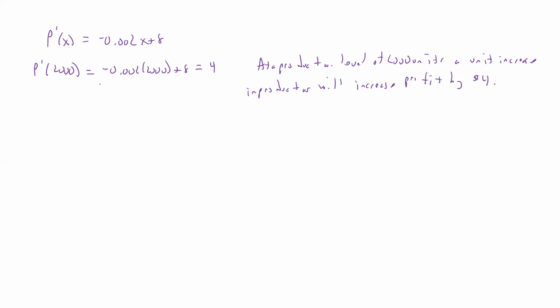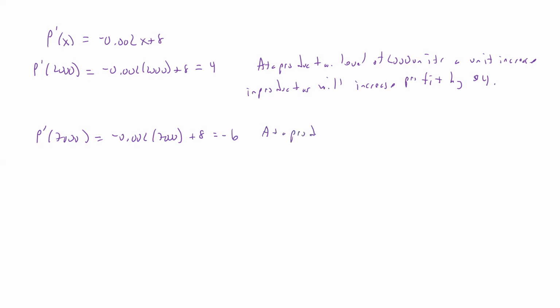Okay. Now the other one I think was P prime of 7,000. And so that's going to be negative 0.002 times 7,000 and then plus 8. And that's going to actually give us a negative 6.